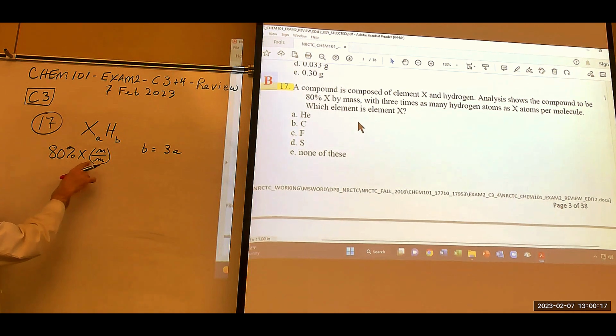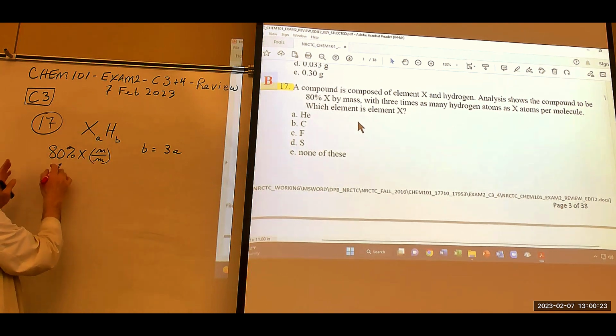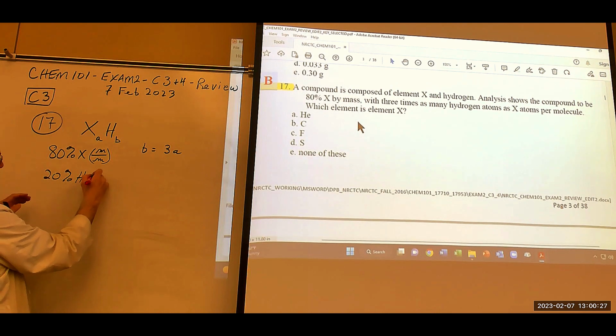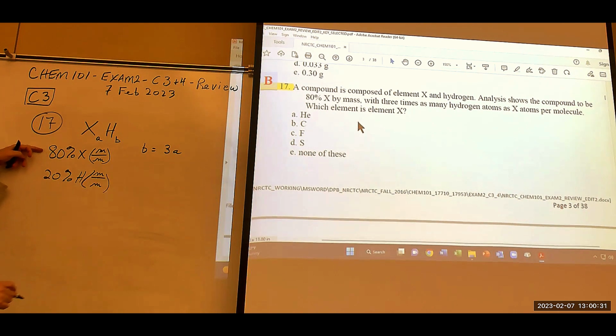Well, 80% of this compound is X by mass, and 20% is hydrogen by mass. I can't do anything with X because we don't know what X is.